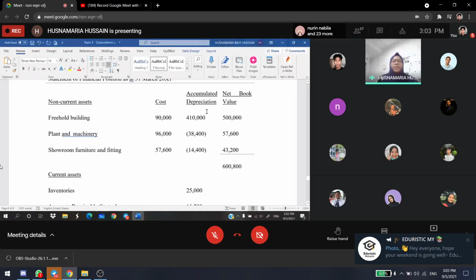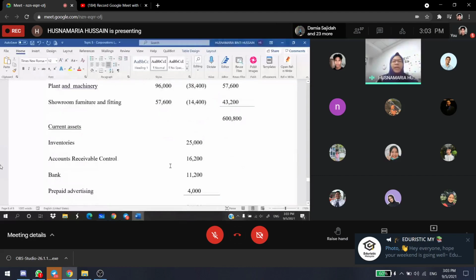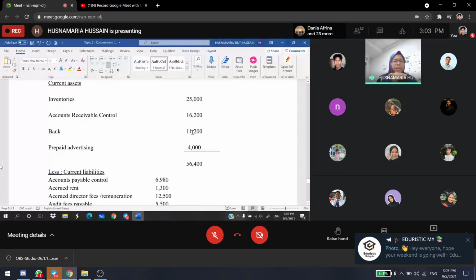Land and machinery, yes, we have accumulated depreciation. Showroom furniture and fittings also we do have accumulated depreciation. Current asset, we have inventories, ARC, bank. Bank ni kena minus 500 tadi tu. Dia ada working lah kat sini. So 11,000 tu, apa original dia bagi?